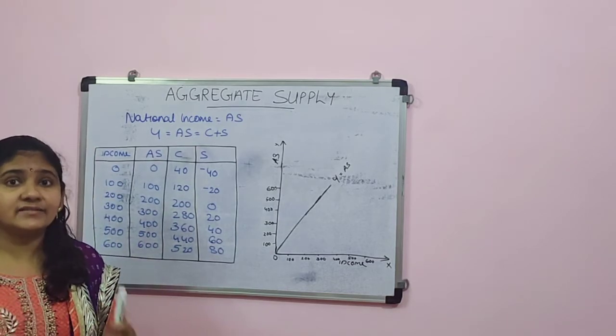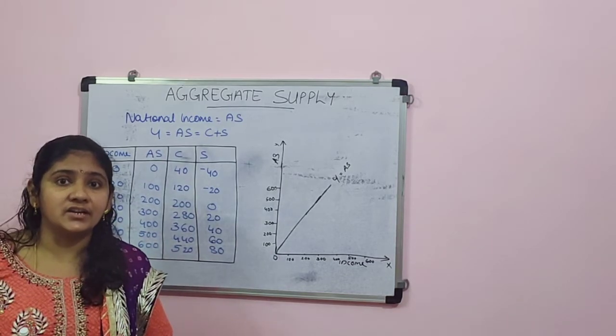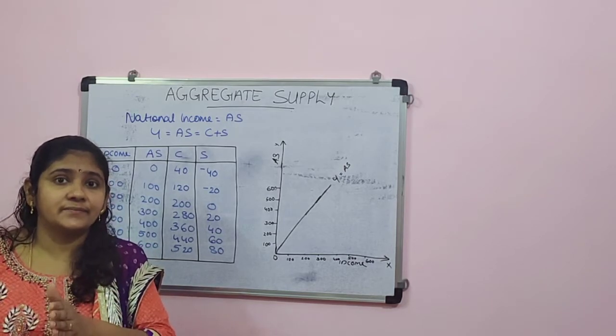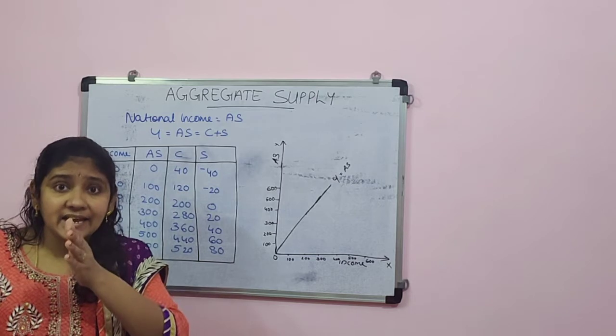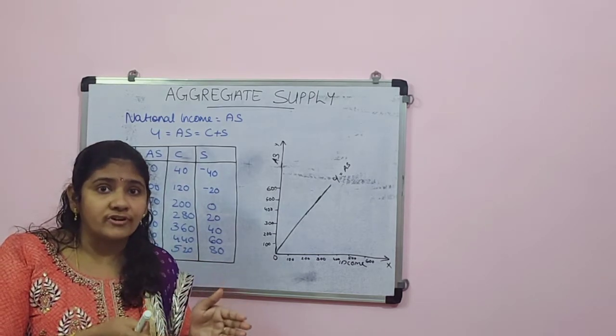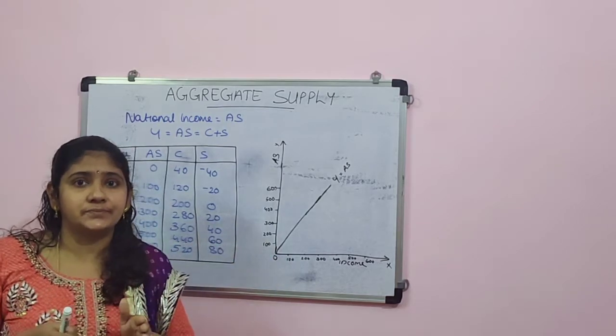So in that case we can say that the production of goods and services, otherwise aggregate supply, is equal to the amount of income generated.